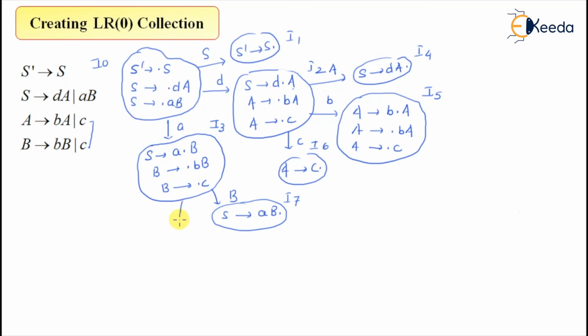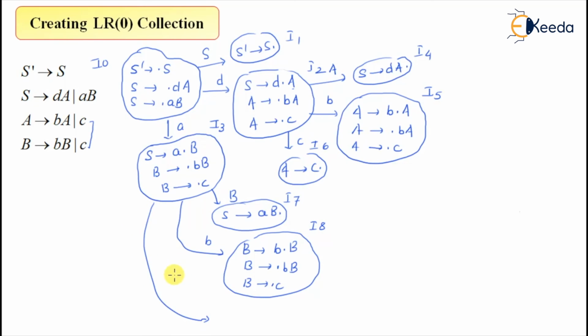On input b, it will become B derives b dot B, and B derives dot bB and B derives dot c, and this state I will call I8. On input small c, this will become B derives c dot, and I will call this state I9.